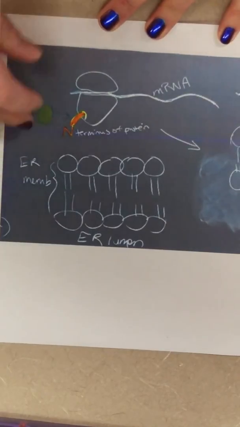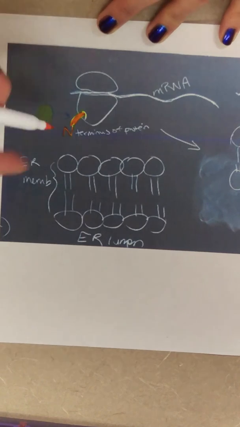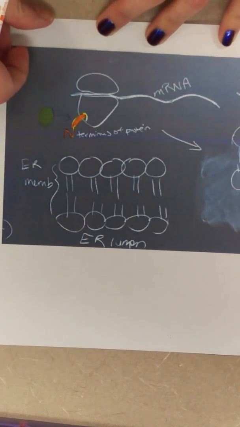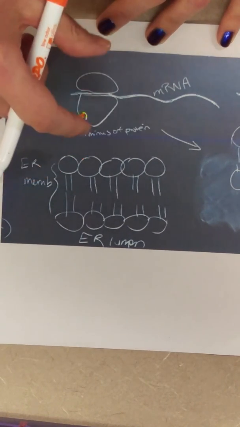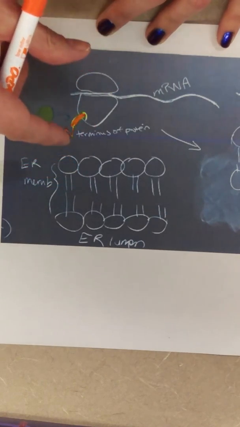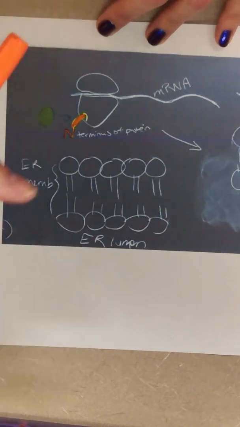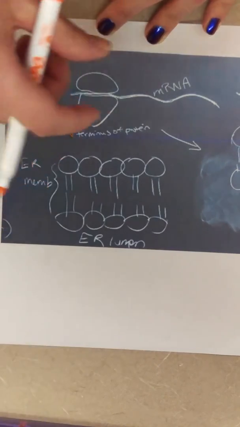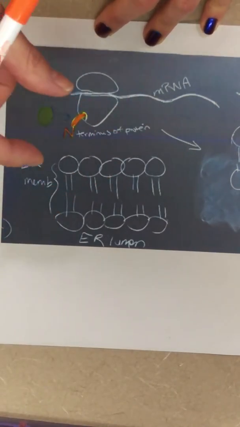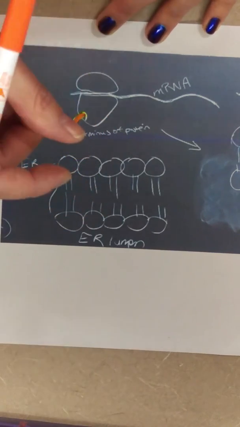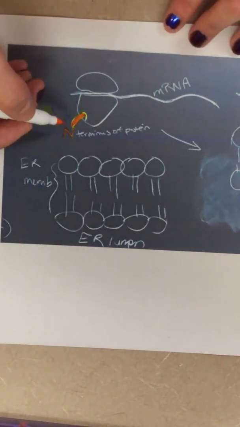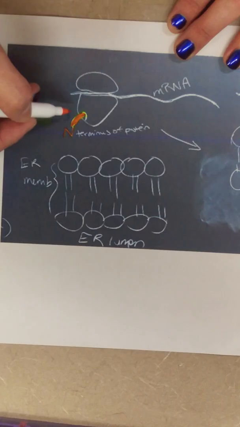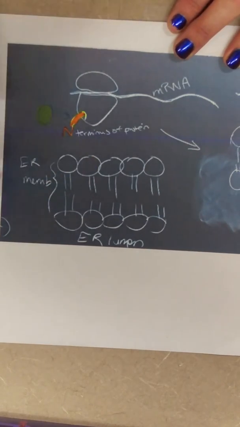Go back to the slides from Monday to see an example of that, or you could go to your book and look at the chart that has the actual amino acid sequences of the signal sequences. And so you'll see that the signal sequence for the ER has an N terminus on it because the ER signal sequence in a protein is always translated first before the rest of the protein.